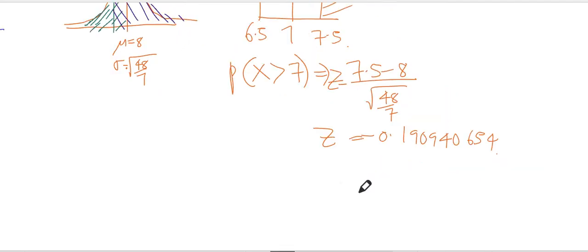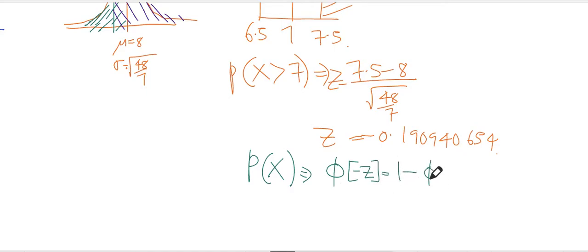Since the z-score is negative, in your MF19, phi of negative z is basically 1 minus phi of positive z.